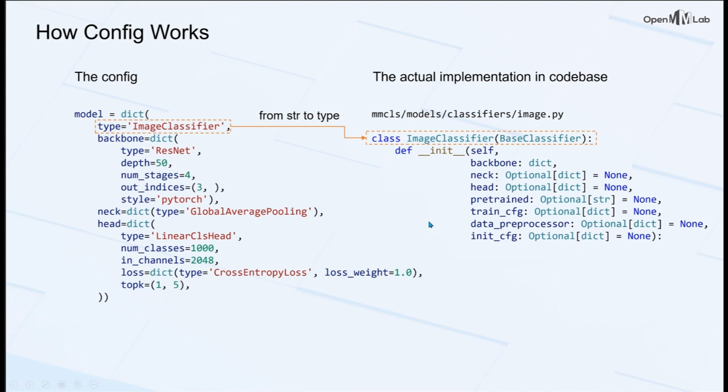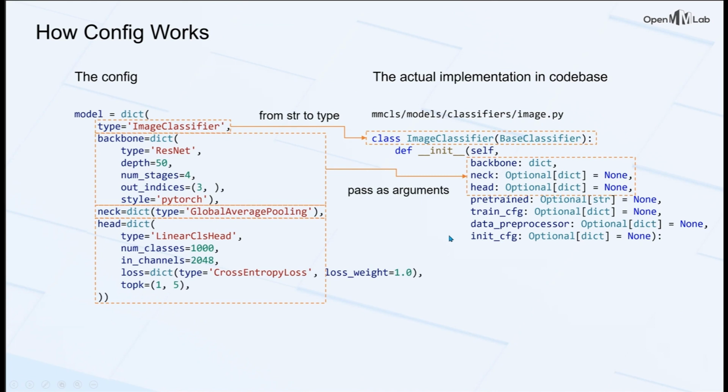The other key-value pairs are passed to the init function of this class as keyword arguments. In this example, the backbone, the neck, and the head, which are three dictionaries here, are all passed to the init function of the image classifier to instantiate the image classifier model.